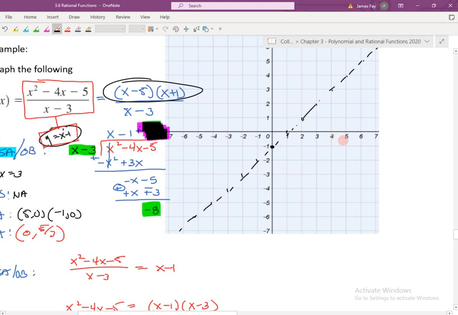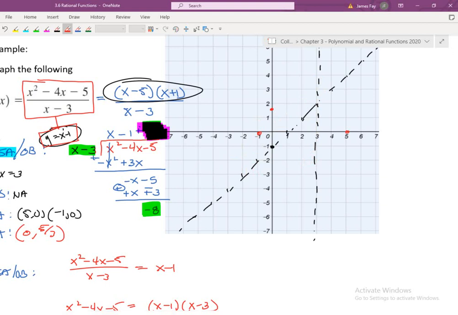We have a vertical asymptote at 3. X-intercept at negative 1. Y-intercept at (0, 5/3). And then over here, we've got another x-intercept at 5, right? Now, because I never crossed the slant asymptote, I'm going to treat it just like a horizontal asymptote. Does that make sense?